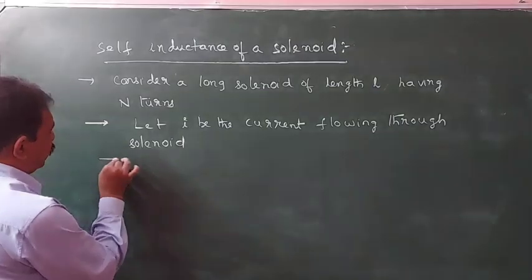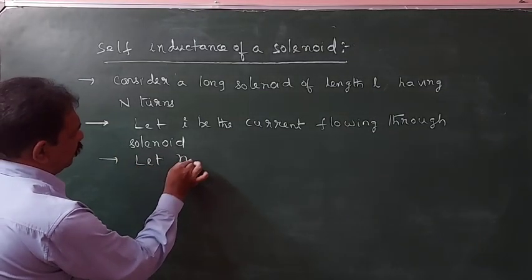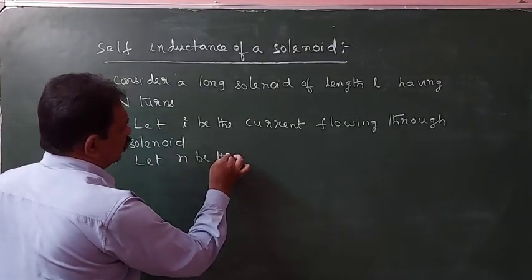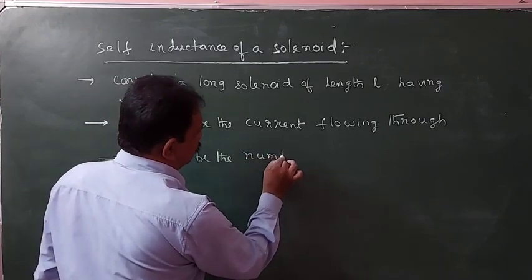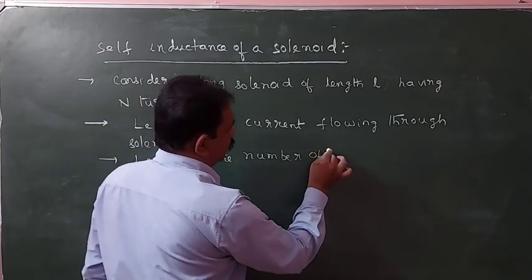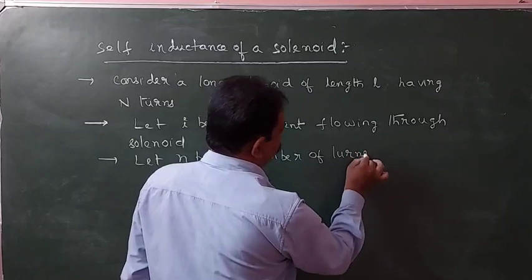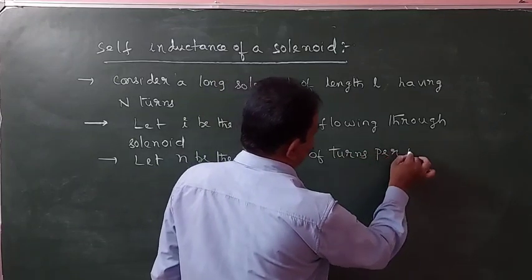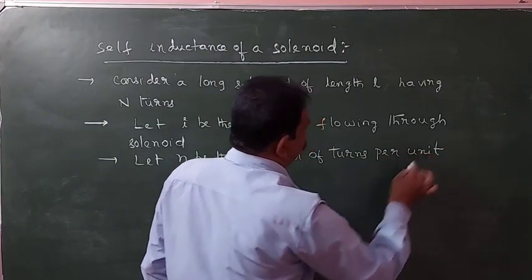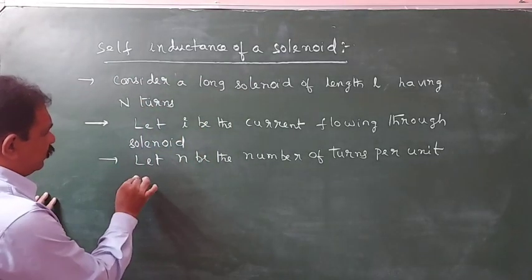Let small n be the number of turns per unit length.